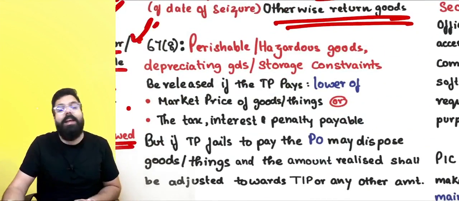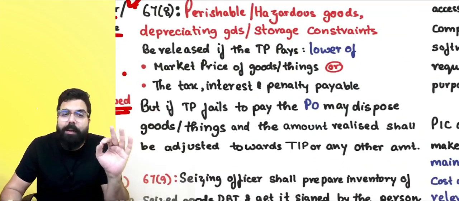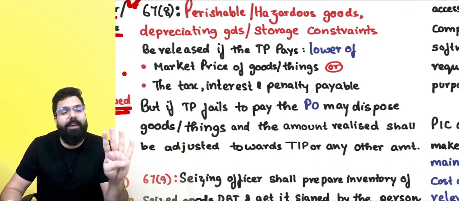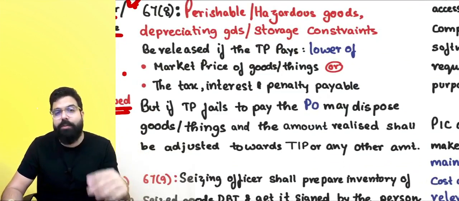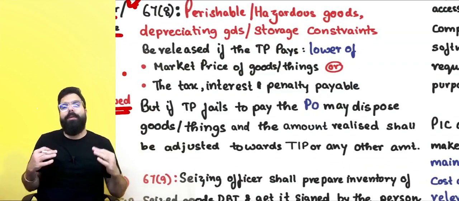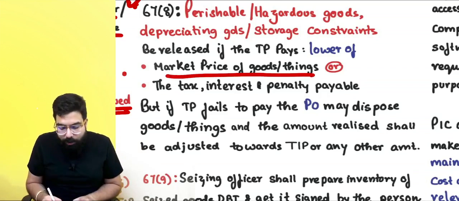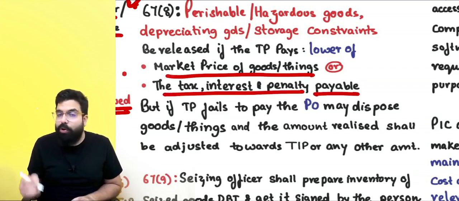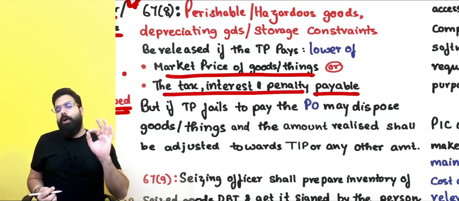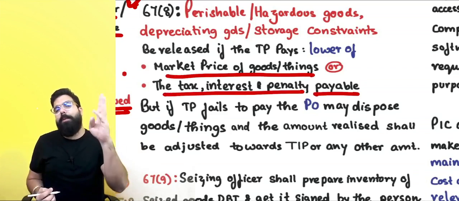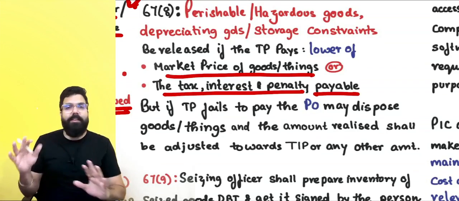Section 67(8) talks about perishable or hazardous goods or depreciating goods, or if there is a storage constraint. They will tell you, we will release you the goods if you pay us the market price of the goods or the tax, interest, penalty payable on those goods, whichever is lower. Always remember, perishable, hazardous goods, depreciating goods, or storage constraint.